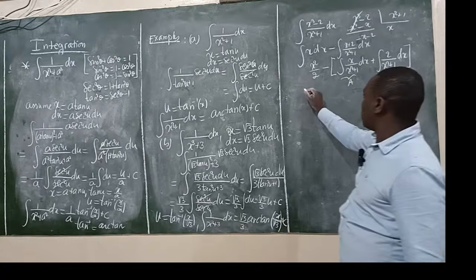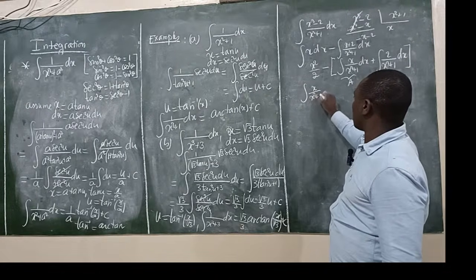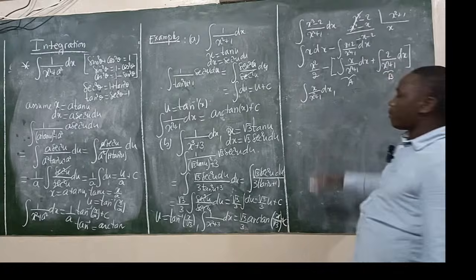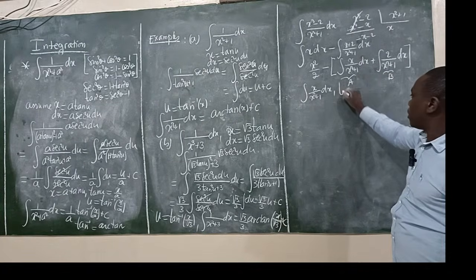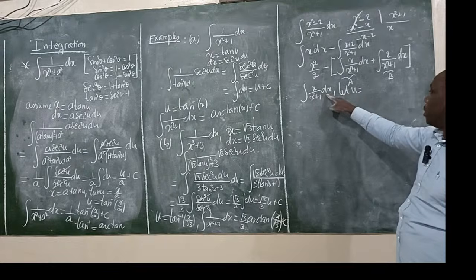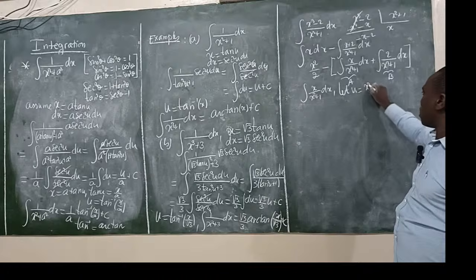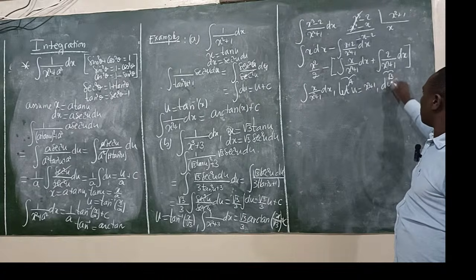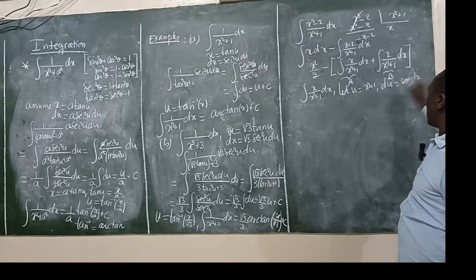Okay. We have the integral of x by x squared plus 1 dx. We are going to use substitution. Write u be x squared plus 1. du is the derivative of this, 2x dx.